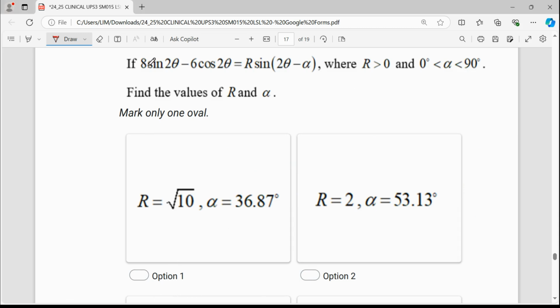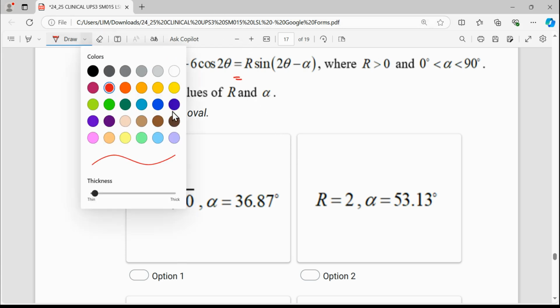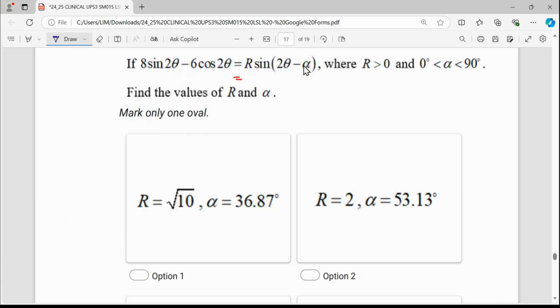Continue. So if this expression can be expressed in compound angle, find the R and alpha. So first of all, you expand your compound angle here. Sine A minus B will be sine A cos B plus cos A sine B. Then you compare sine theta coefficient, R cos alpha is 8, equation 1.